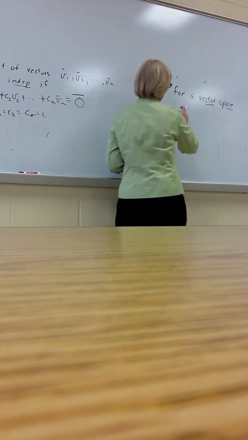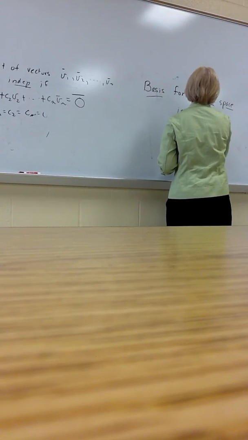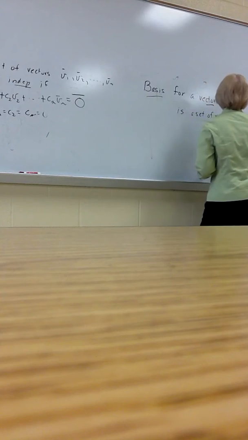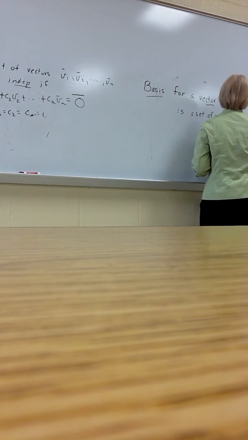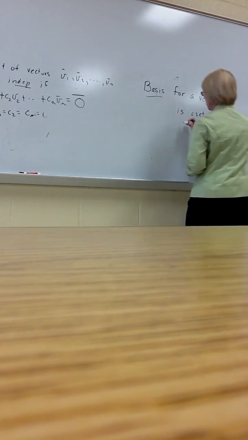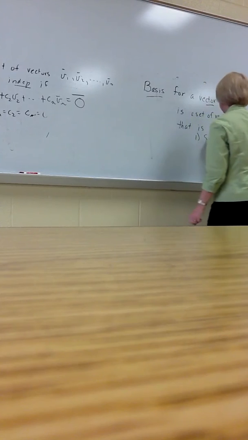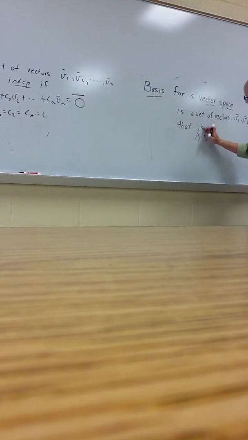So the bare minimum. A basis for a vector space is a set of vectors V1, V2 through Vn that, one, spans the vector space.